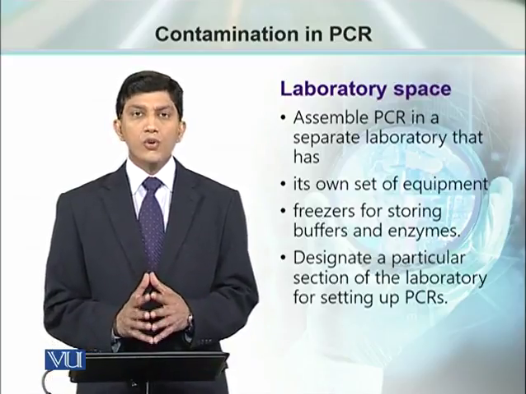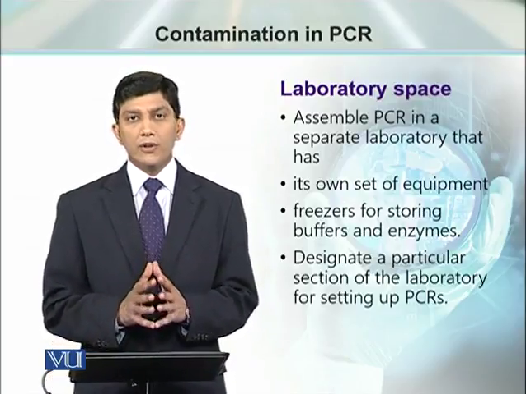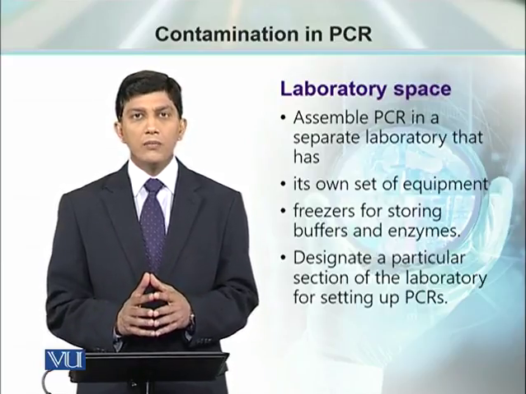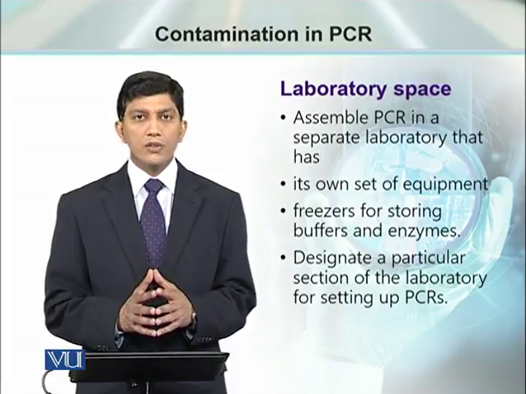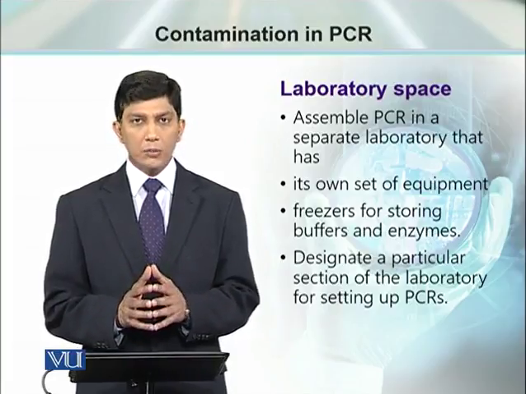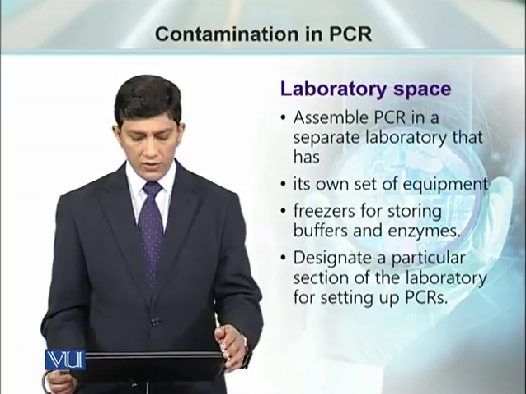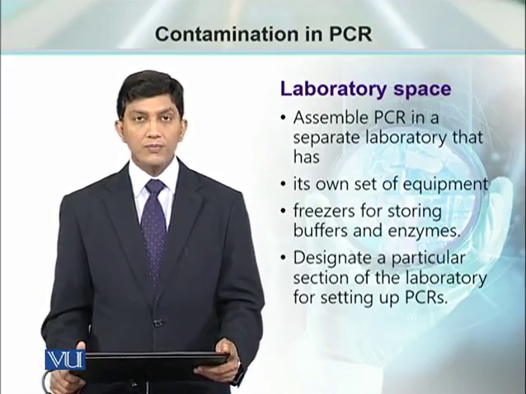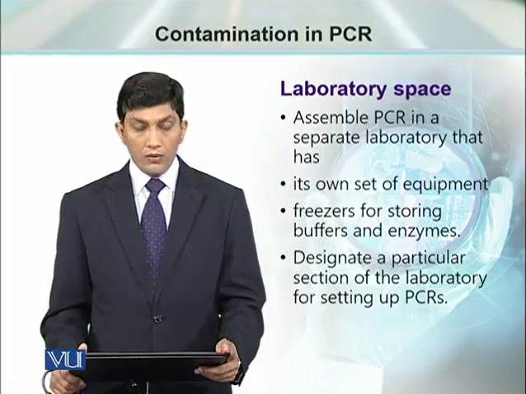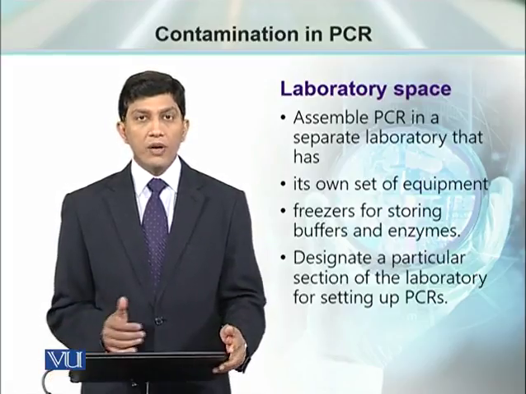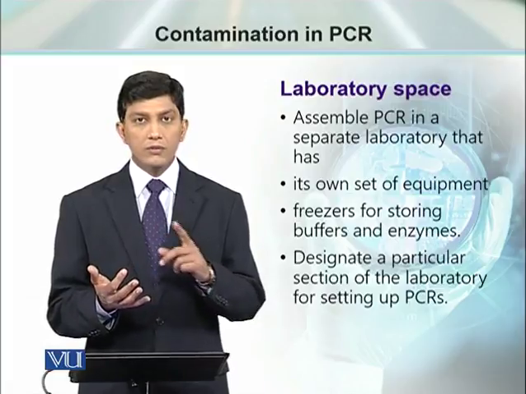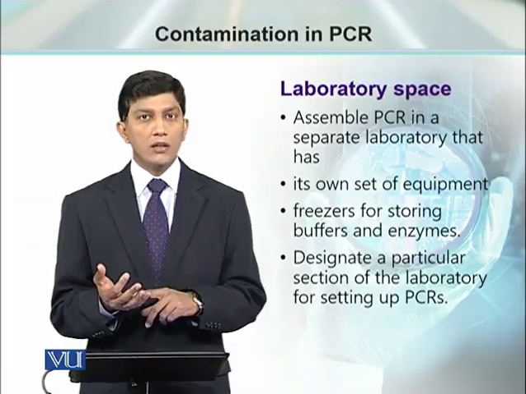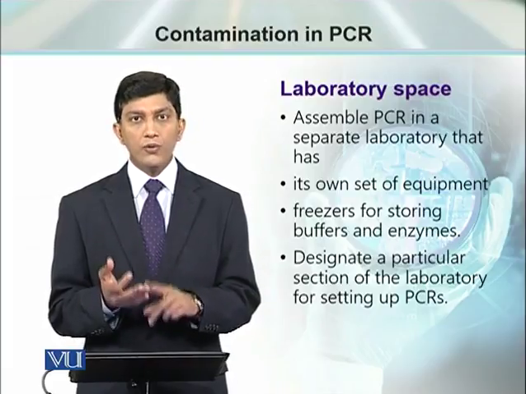The second source of contamination is the laboratory space. Mostly, a number of people are working there, working in different ways, so there is a possibility of contamination. It is always advised to assemble the PCR in a separate laboratory space which has its own set of equipment like gloves, micropipettes, microfuge tubes, and the microfuge.